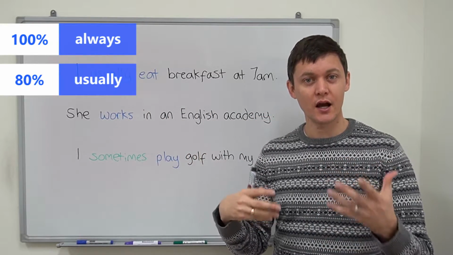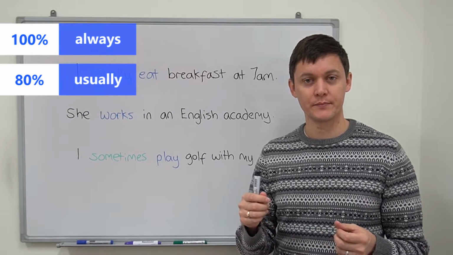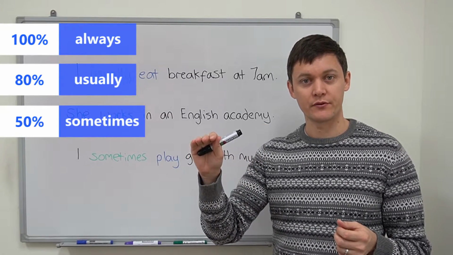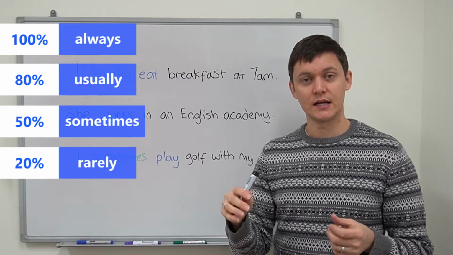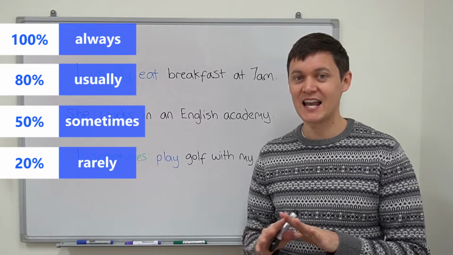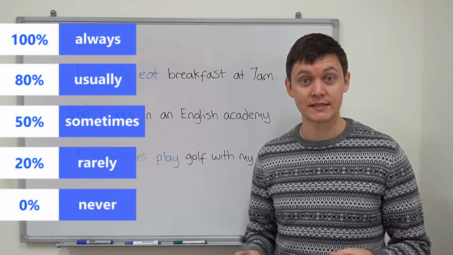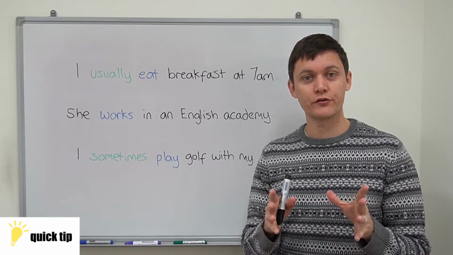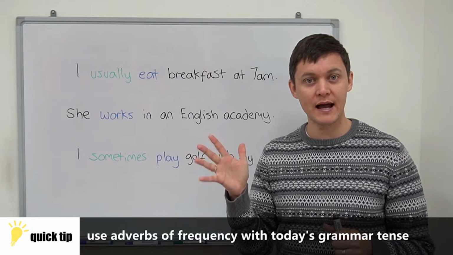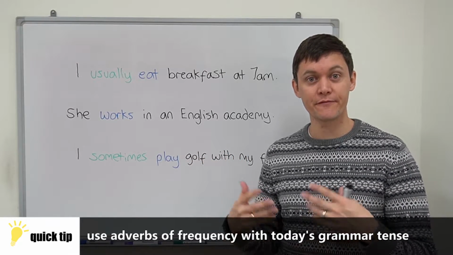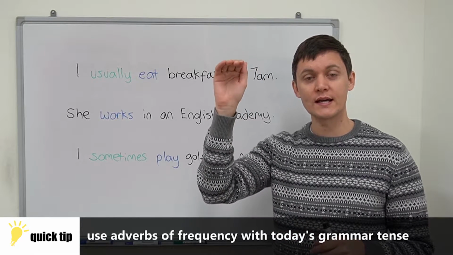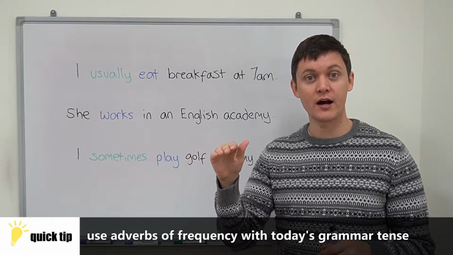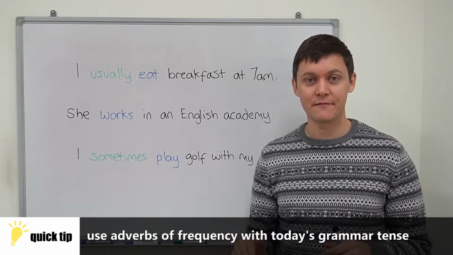Usually, which is around 80% of the time. Sometimes, about 50% of the time. Rarely, 20% of the time. And never, 0% of the time. So I want you to memorize those 5 adverbs and use them freely with today's grammar tense. Always, usually, sometimes, rarely, and never.